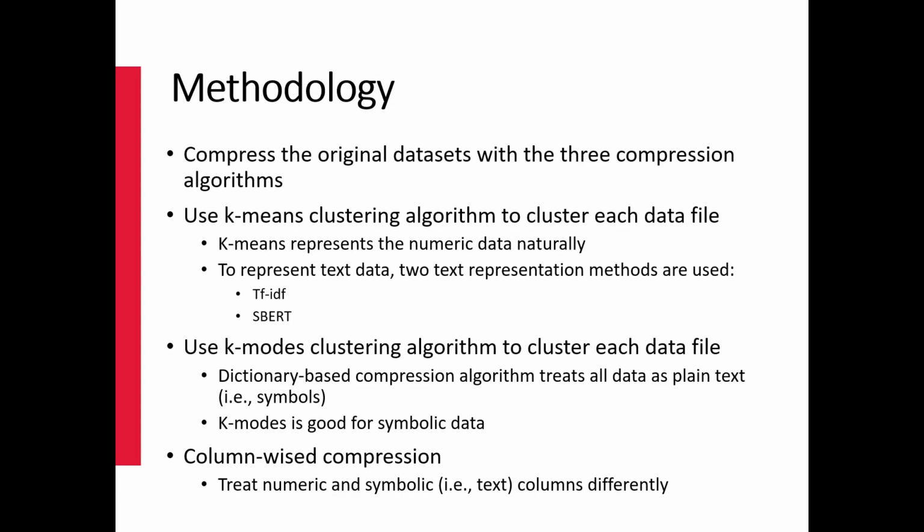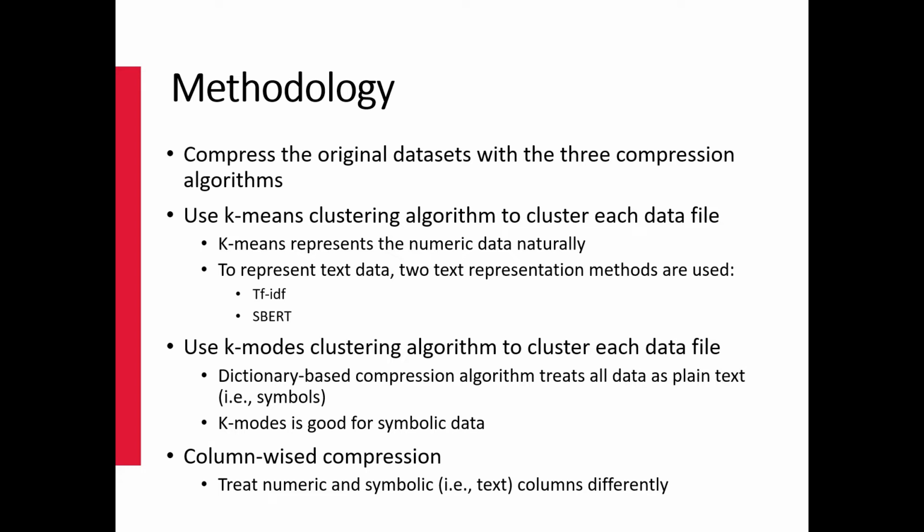This is the methodology I use to reduce the size of compressed data. First thing I do is to compress the original datasets with the 3 compression algorithms. Then I use k-means clustering algorithms to cluster each data file. K-means represents the numerical data naturally, and to represent text data, 2 text representation methods are used, which are TF-IDF and SPERT.